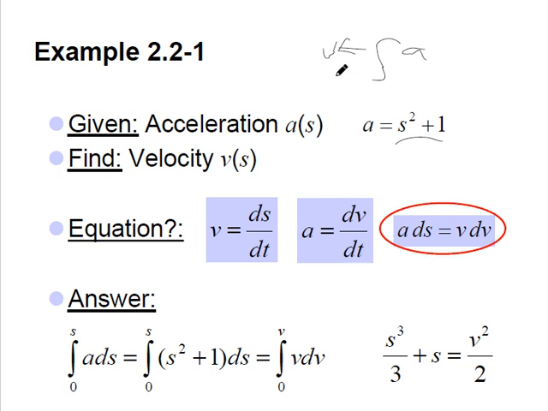So now we are going to do integration on this side and then on this side. So that's what we're getting here. Of course, 0 to s, 0 to s, and then integrate that, and you're going to get this.